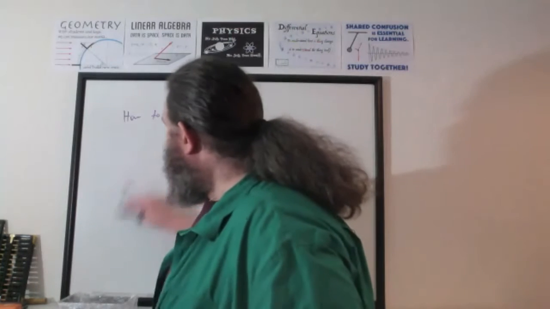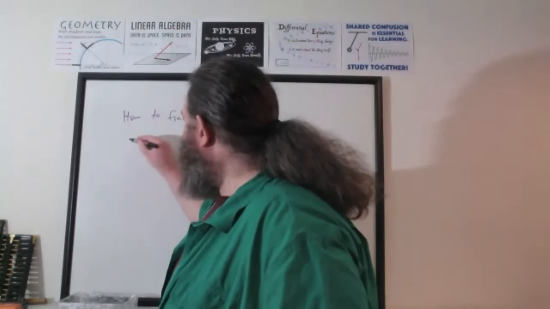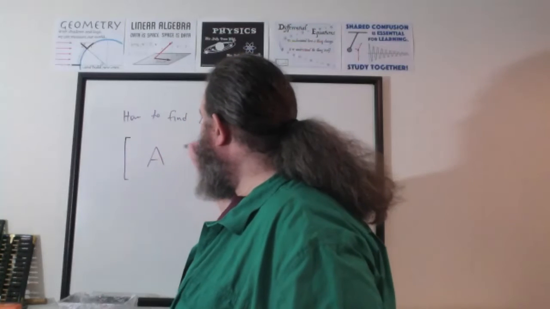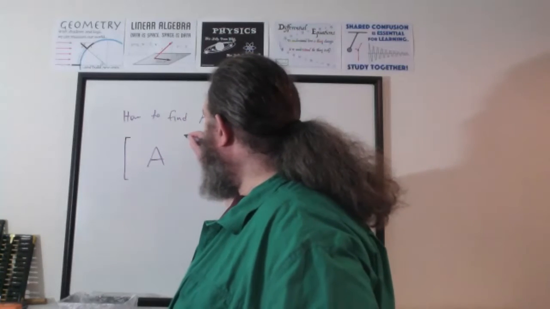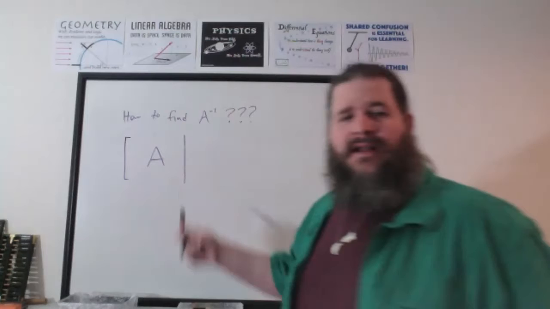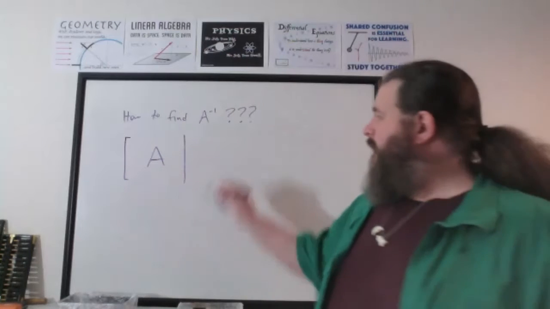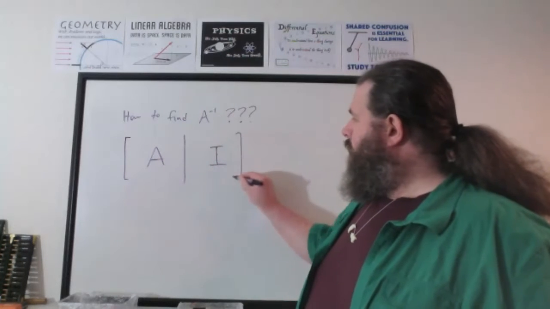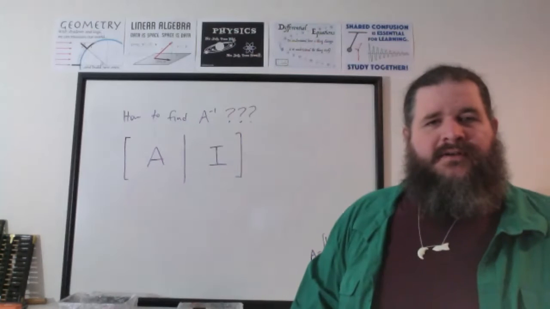And we can use row reduction to find this, because if we set up an augmented matrix of matrix A, and in this case, we're going to augment that with not just a single column, but with an entire matrix, specifically the identity matrix. And then we do row reduction.